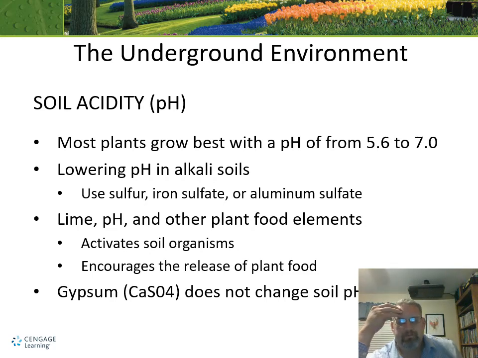Here in California, we don't have a problem with acidic soils. We have very alkaline or basic soils. We have typically between 7 and 8.5, and I've seen up to 9 pH soils. These are not super desirable to grow plants in.